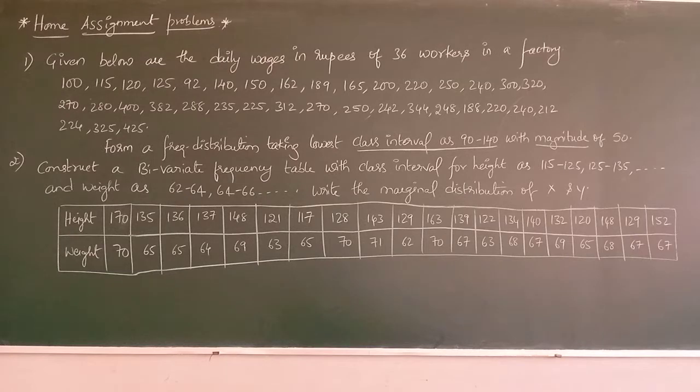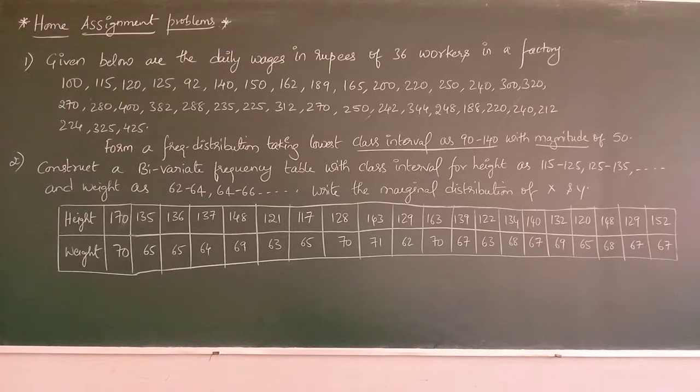In the previous videos there are some problems solved by using Sturges' rule and without using it, right? So that is the first question. You need to form a continuous frequency table, but univariate. The first problem is univariate, a single variable.